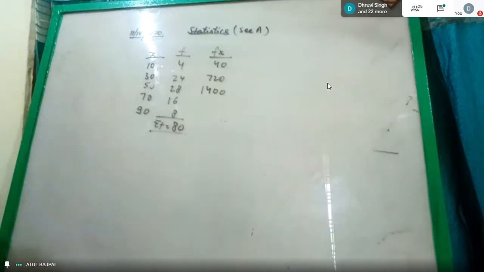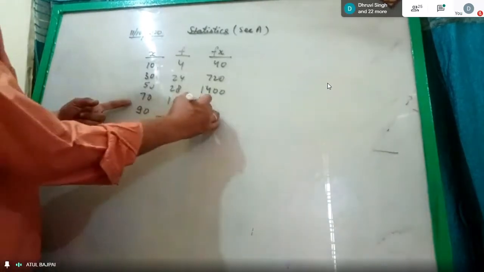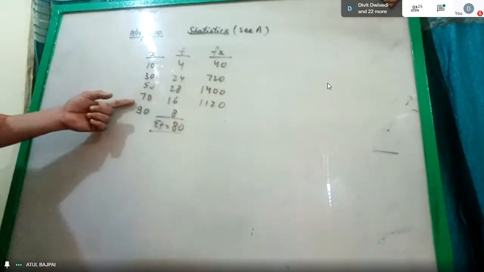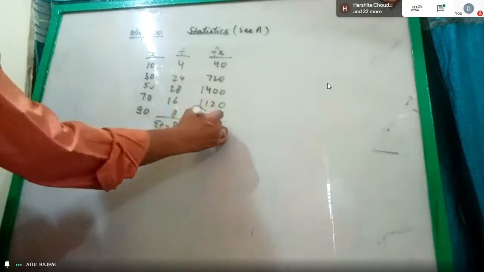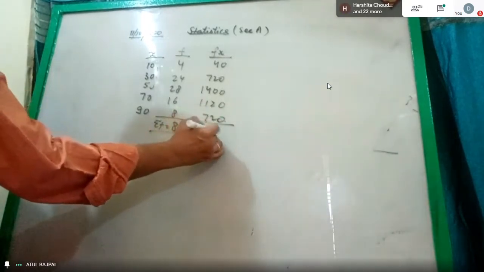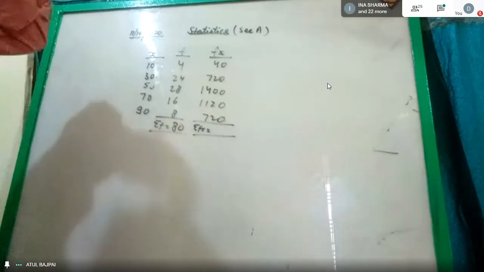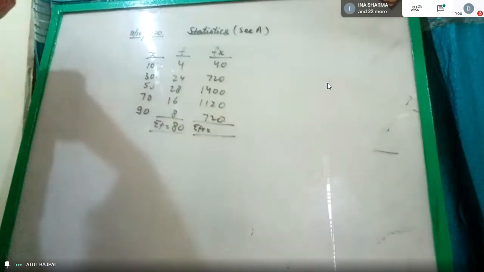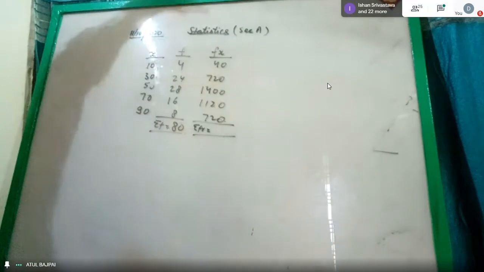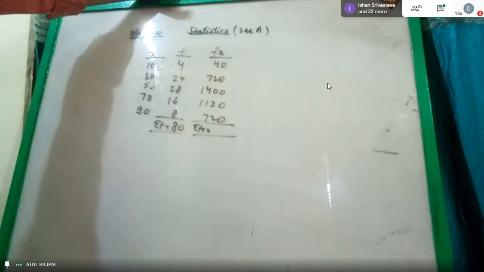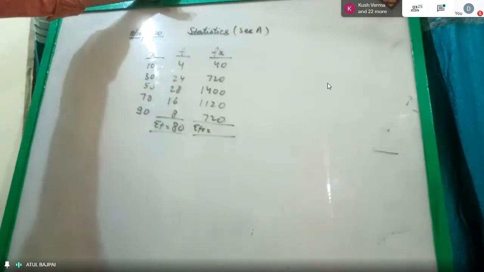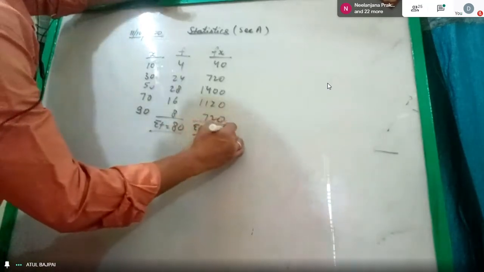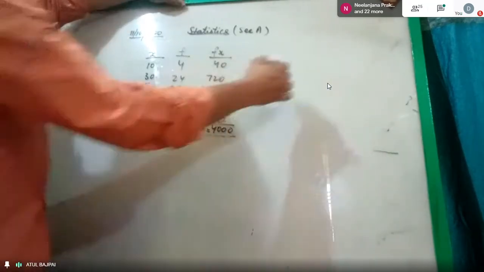What is sigma fx? Sigma fx is 4000. Okay, now let us find the mean first.